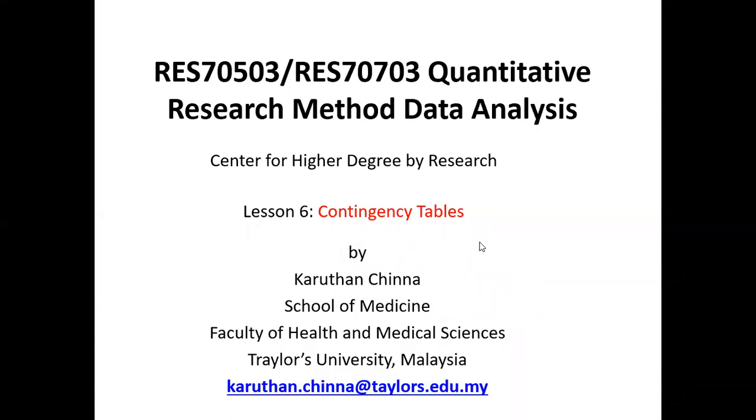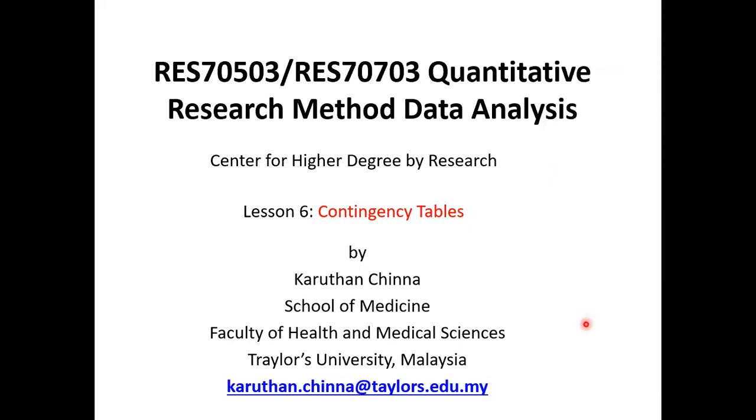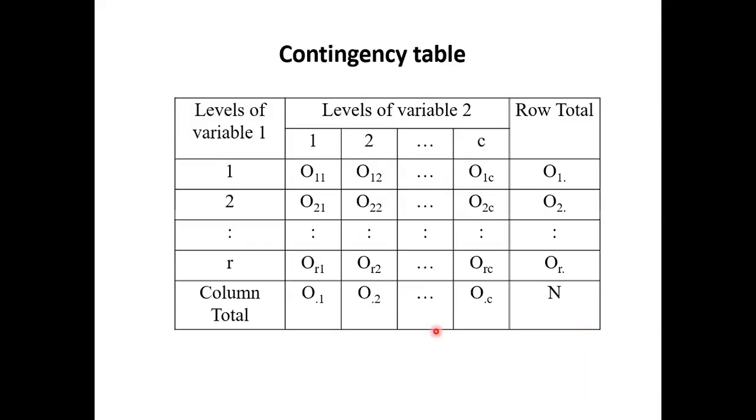Okay. So contingency table refers to qualitative variables. Here there's one variable, variable one, with several levels, and variable two, with several levels.